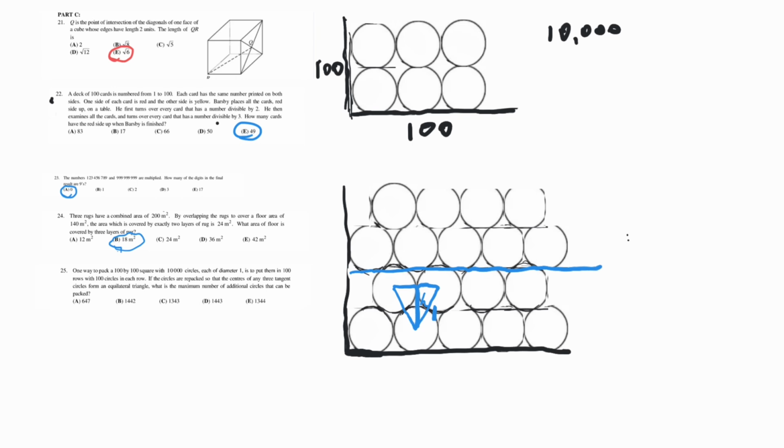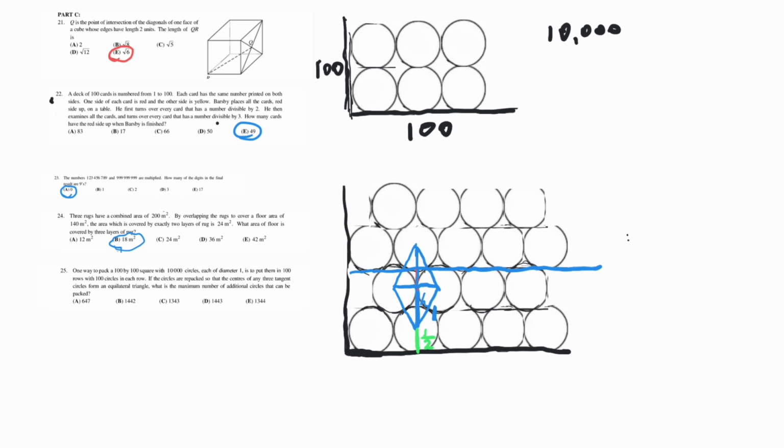From the center to the bottom is the radius. The diameter is 1, so this is 1/2. Now we need to find h and this other part. We connect another equilateral triangle, and its height is the same as the bottom one.